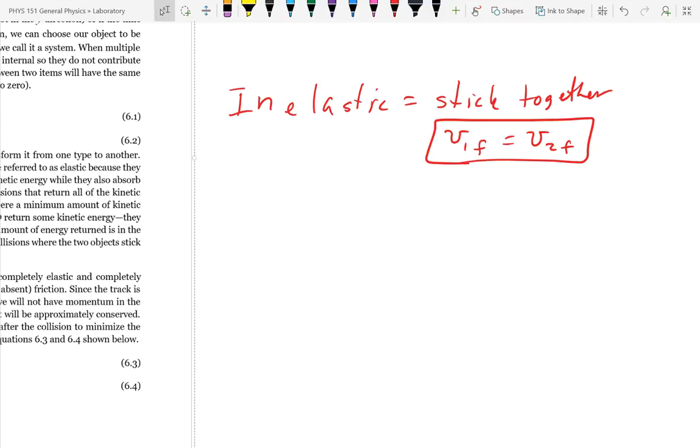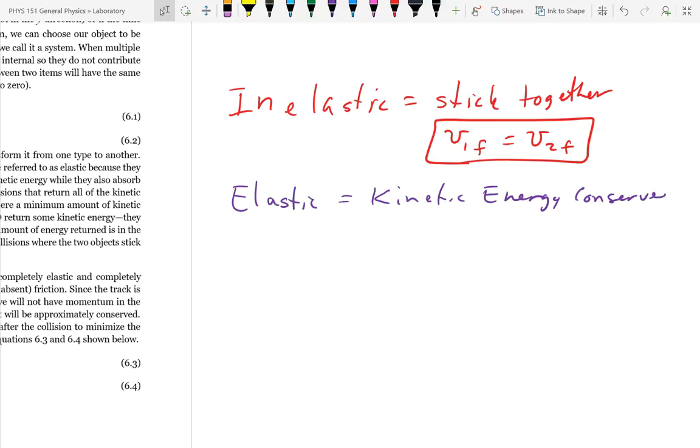For elastic, it's actually much more sophisticated. Kinetic energy is conserved.